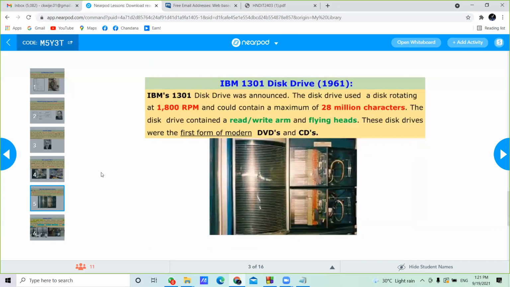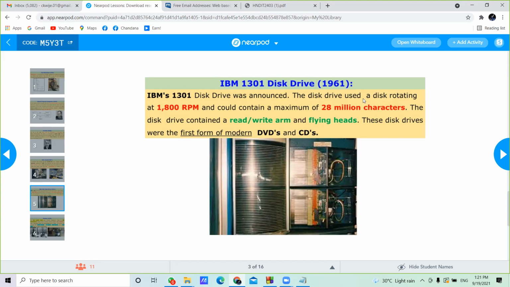Then another important milestone, the IBM 1301 in 1961. This was a disk drive, named the IBM 1301.